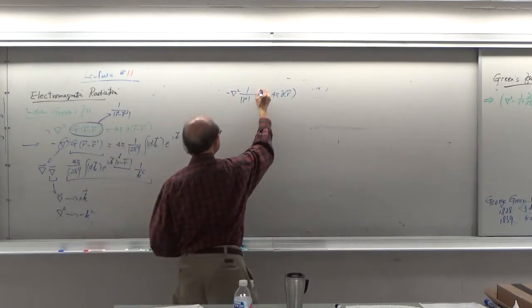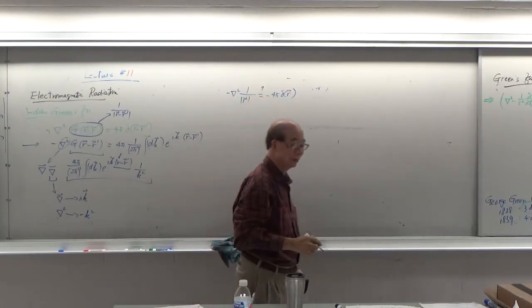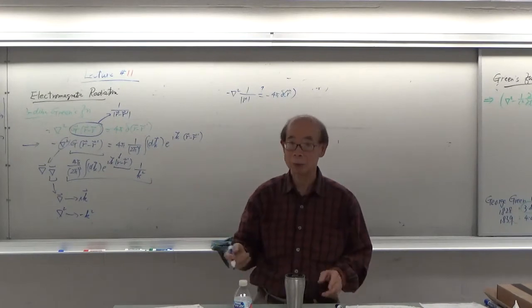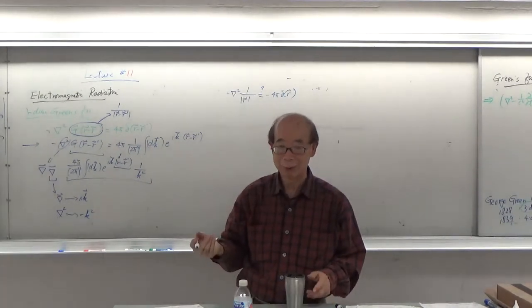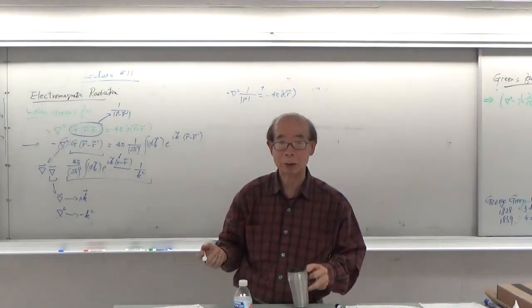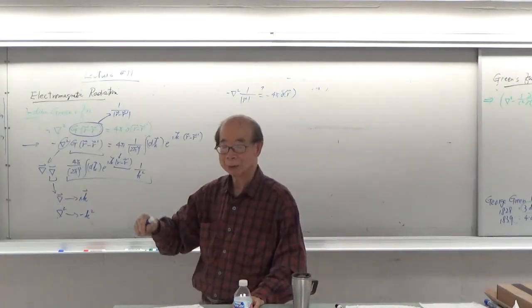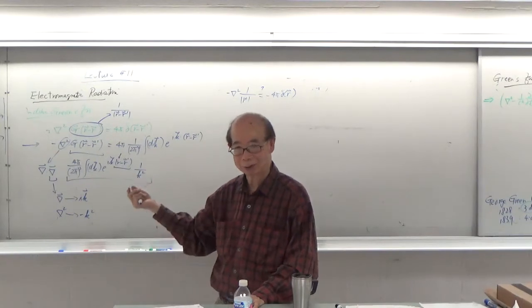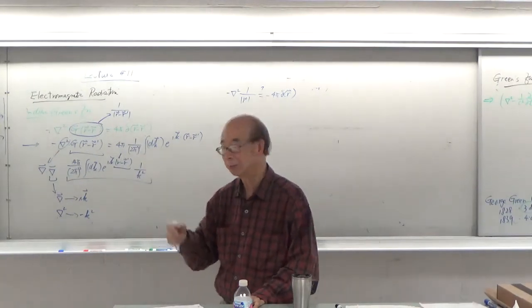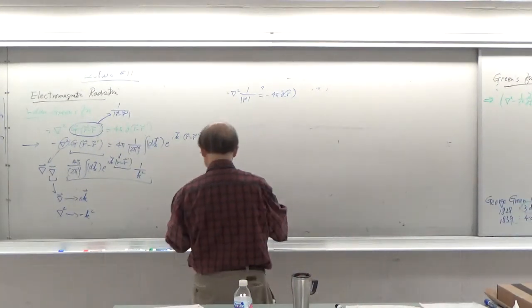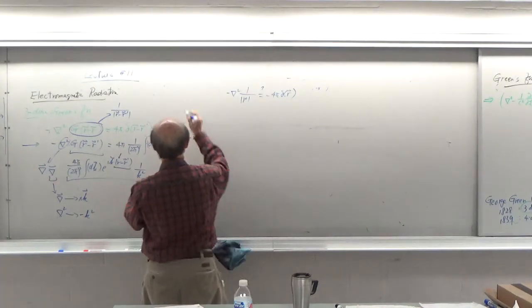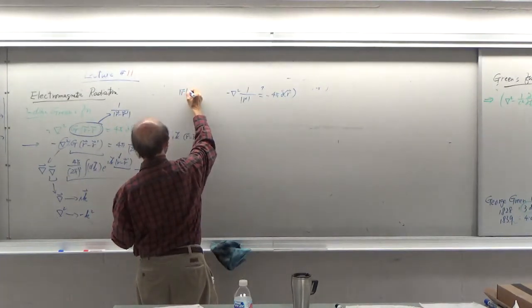And the question is, is that correct? Let's check by something that you must have learned some time ago. It turns out that what we are going to do will be used later on, so it's not a complete waste of time to go over something you already learned. As usual, we will write the magnitude of the vector as r.